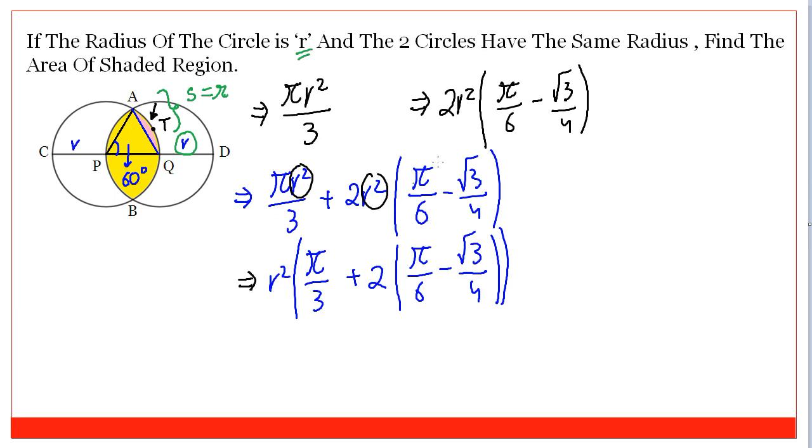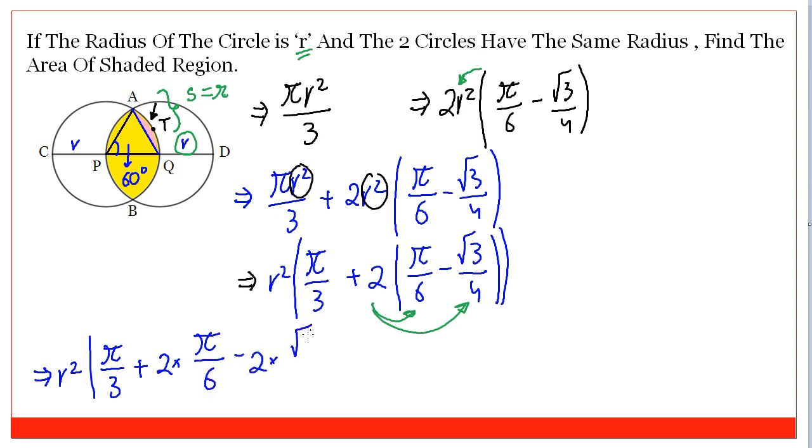I have factored out R², but now I have to distribute. After distribution, we get R² multiplied by π/3 plus 2 into π/6 minus 2 into √3/4.